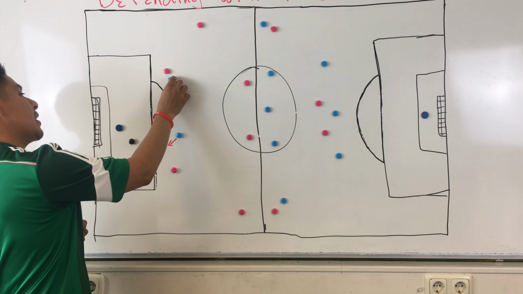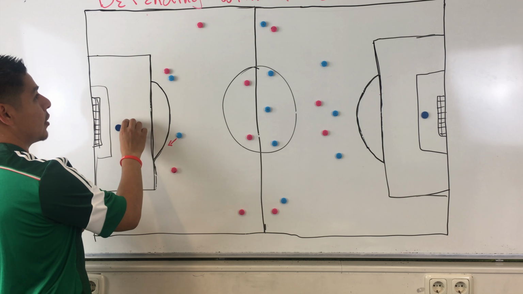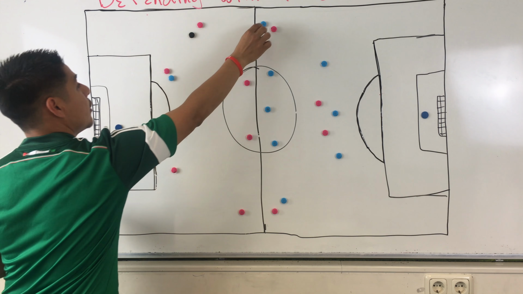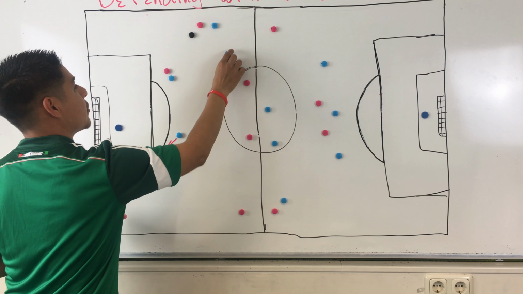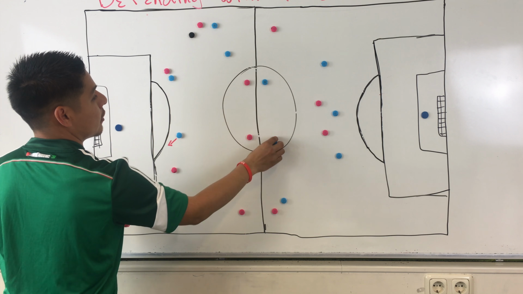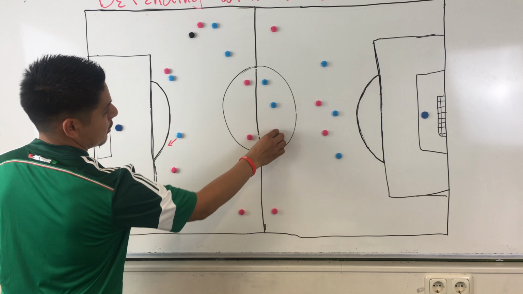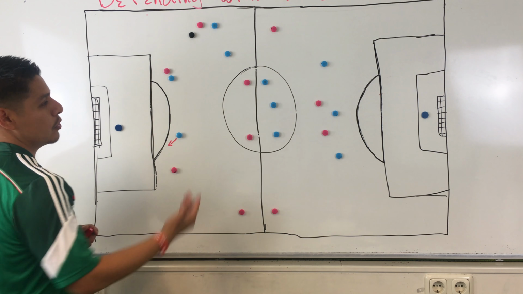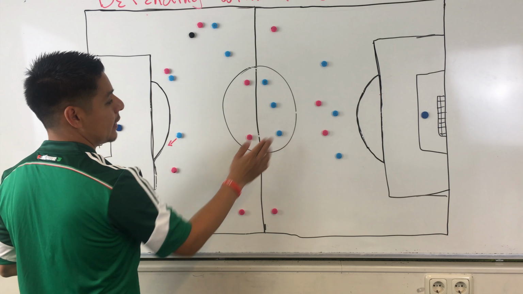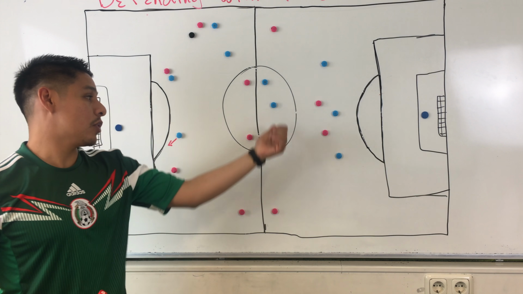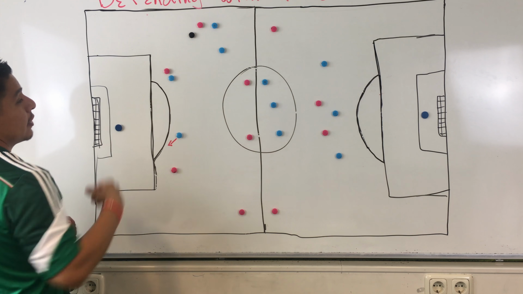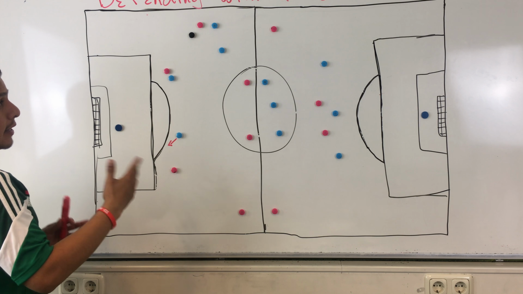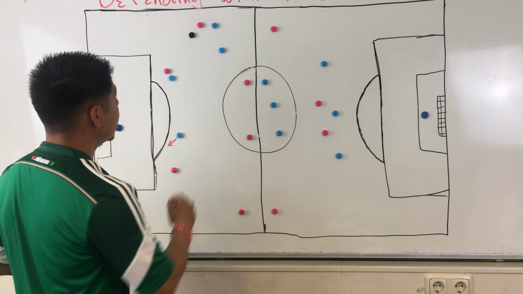If that happens, then we pressure this side and try to force a long ball, which we would attack there and pressure there, and our two center midfielders would shift over, and then our left wing back would also shift to the inside. Then we will try to create a numerical advantage in that situation.